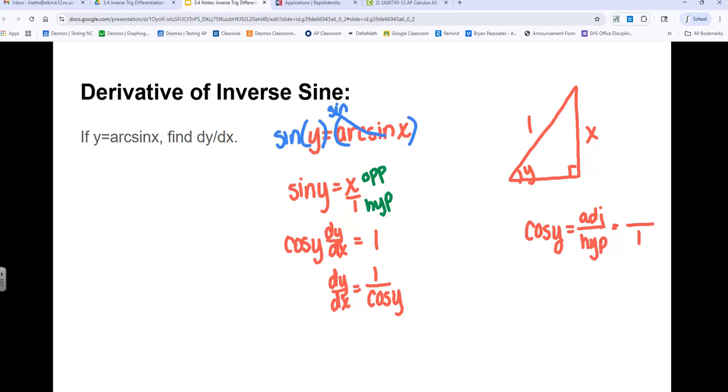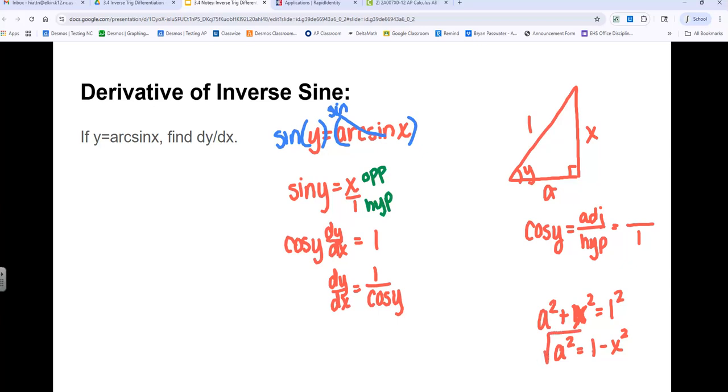Okay, over here. Adjacent side. We need to find it. We don't know what it is. But I do know the Pythagorean theorem. So I'm going to just call it A for right now, for adjacent. So if I do a squared plus x squared equals 1 squared, and I solve that for a, I would have a squared equals 1 minus x squared.